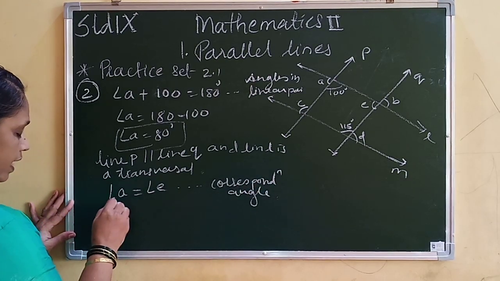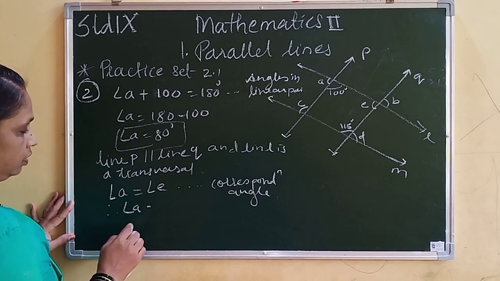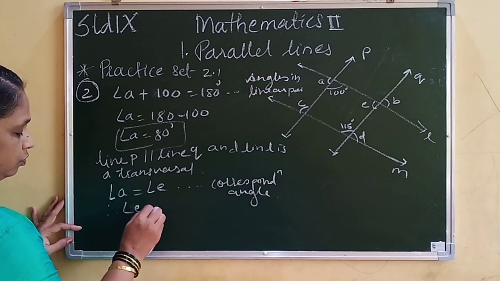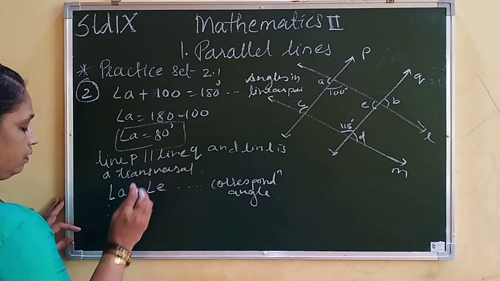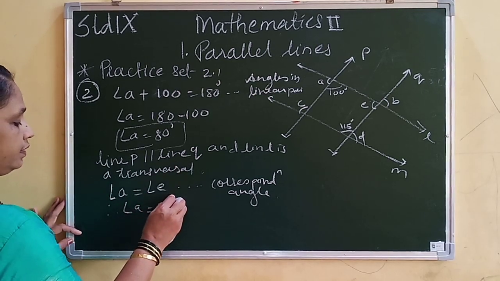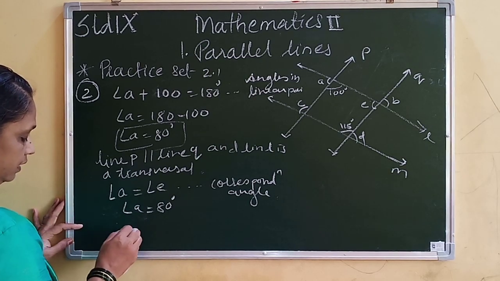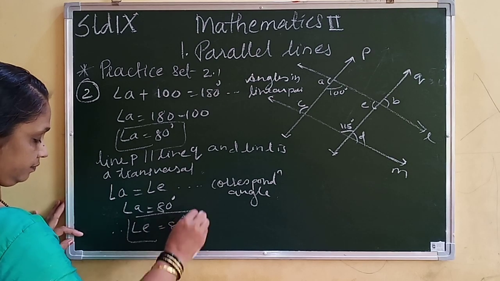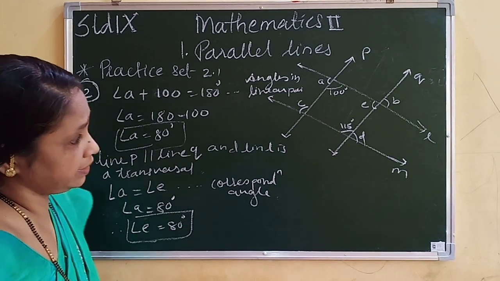Okay, therefore angle A is equal to 80 degrees. Therefore angle E will be equal to angle A, which is 80 degrees. Angle E is equal to 80 degrees.